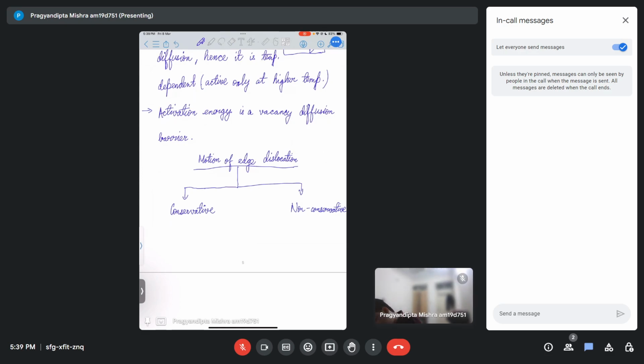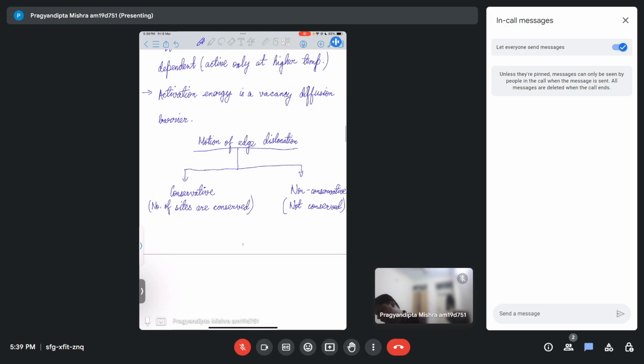It means that the number of sites is conserved, while non-conservative means the number of dislocated sites is not conserved.